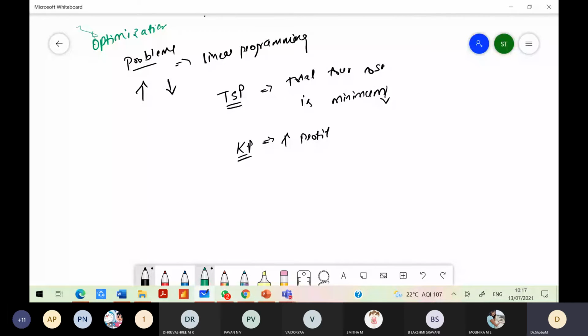Next, what is multiple regression then? All of you attended one webinar recently, where the resource person was discussing regression, linear regression. Can any one of you recall and tell me what is linear regression?